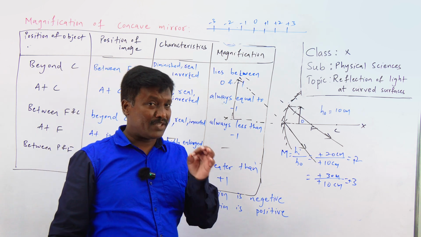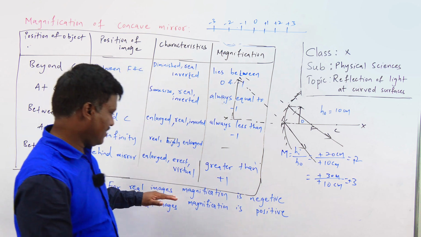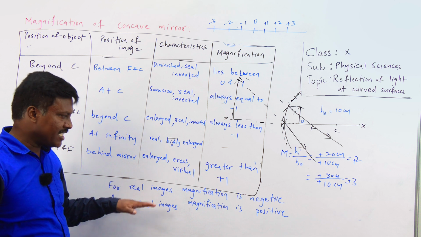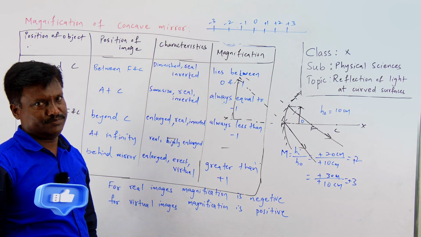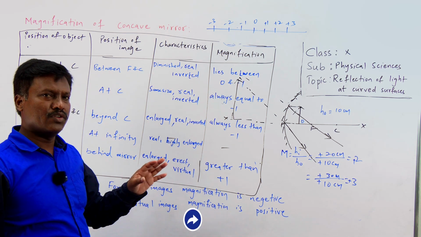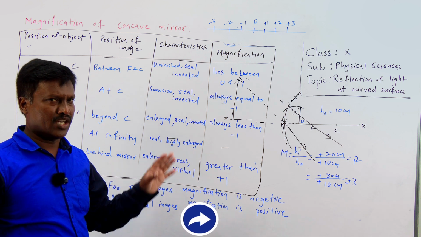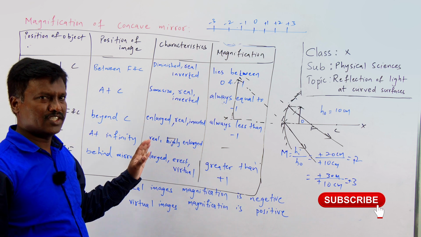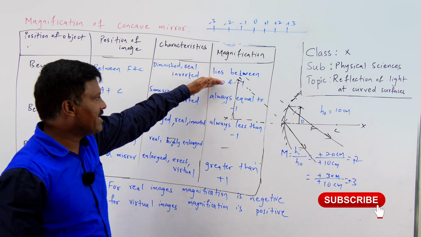So compulsorily you have to learn in which case magnification is positive and in which case it is negative. It helps us while solving problems. Please note down this table properly, and learn these magnification values.